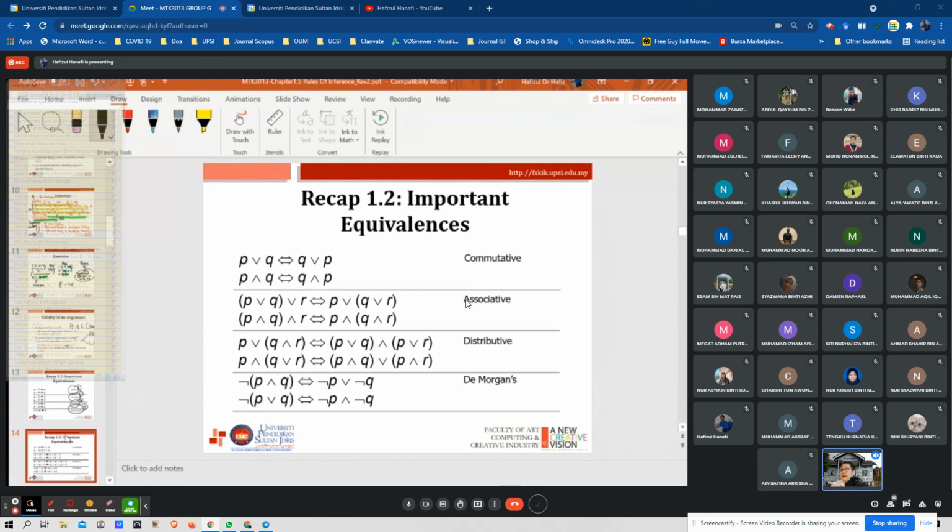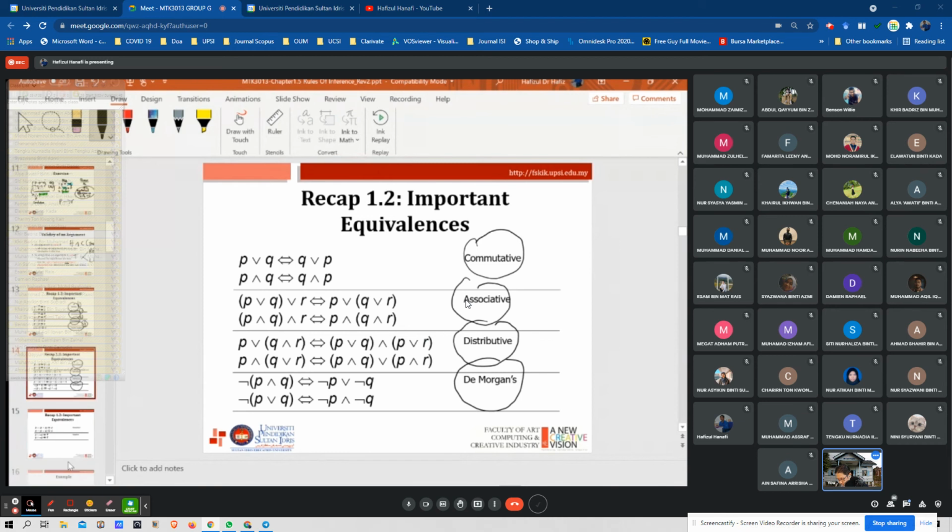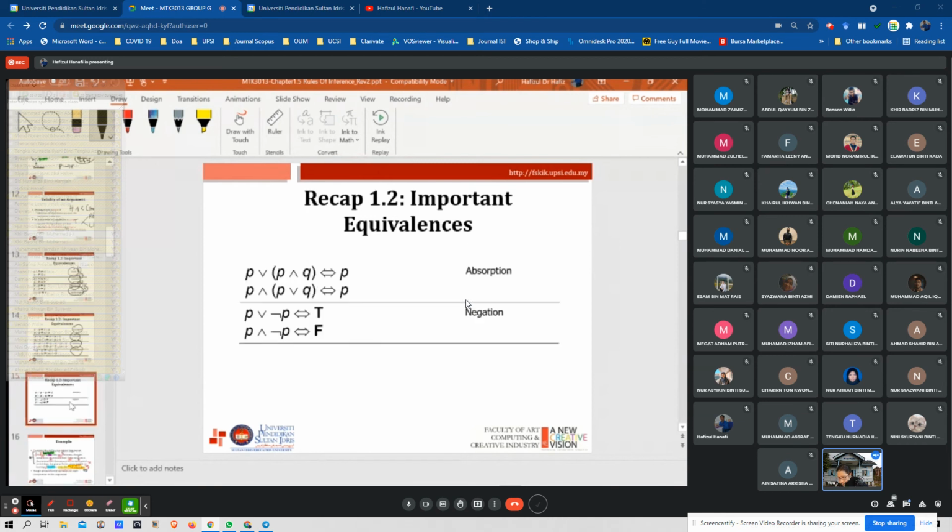And then we have commutative, associative, distributive, and De Morgan's law, and then absorption, and lastly negation. Altogether there are 10 equivalences that we have learned.